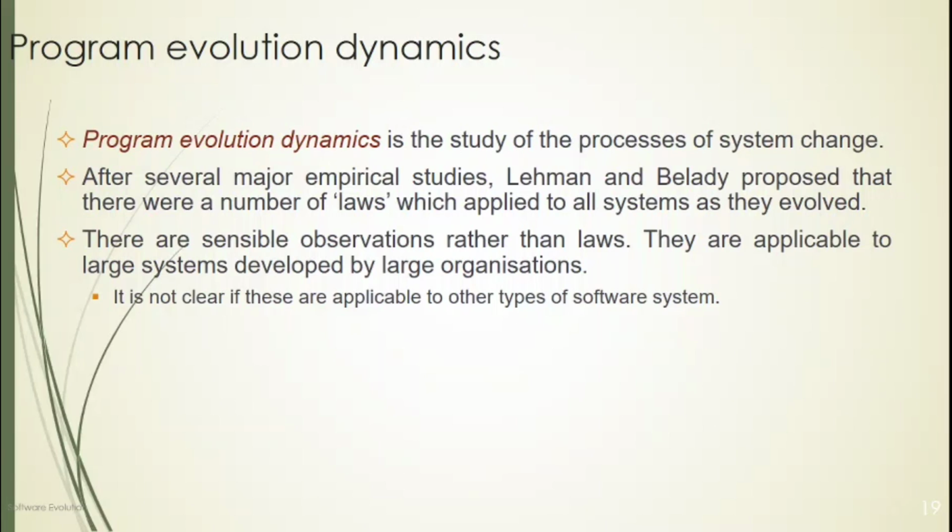After several major studies, Lehman and Belady proposed a number of laws which applied to all systems as they evolved. These are very important laws in the software evolution process, which we'll see in the coming slides.